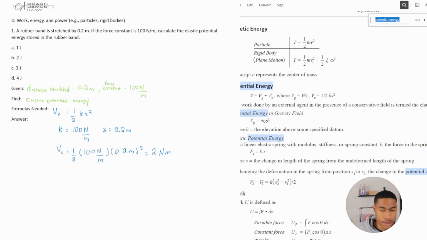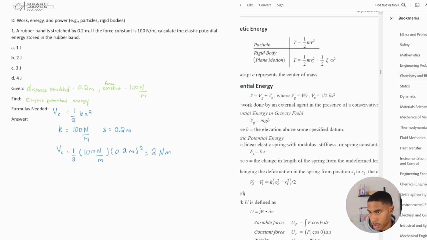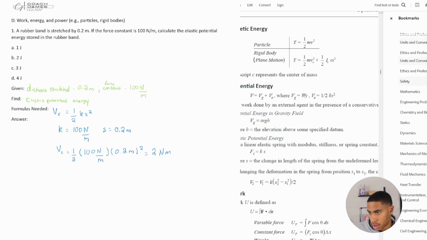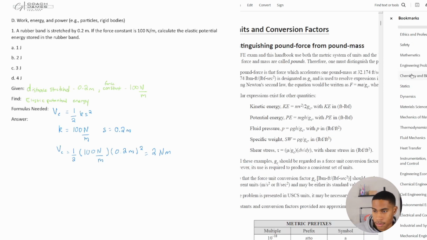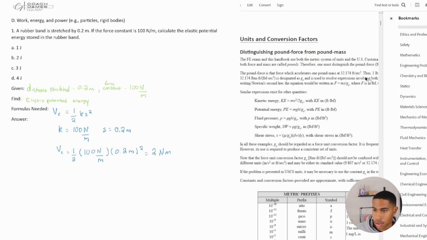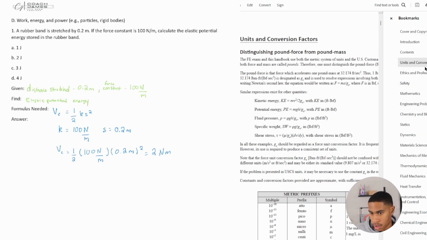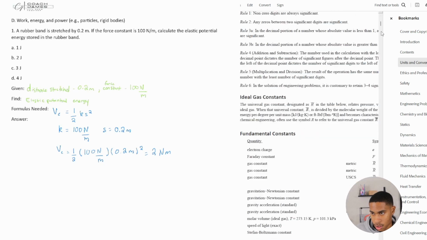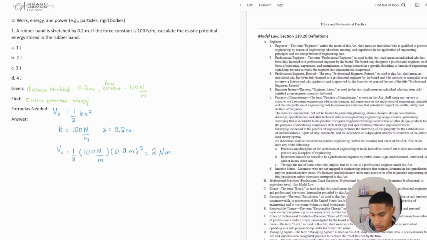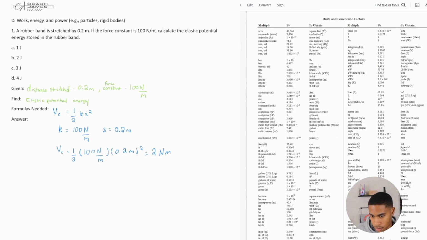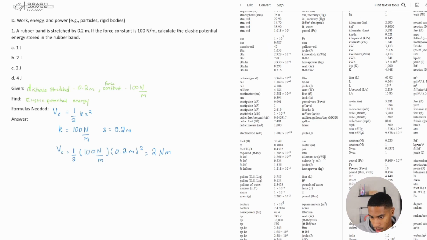Well, you can go into your handbook, go to the section where you're looking at your unit conversions. Within this, let's see if we can find joules.